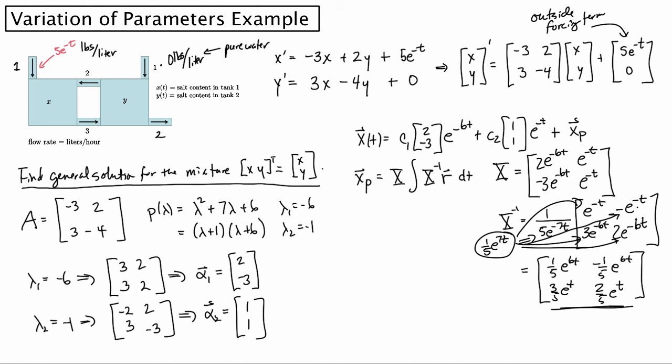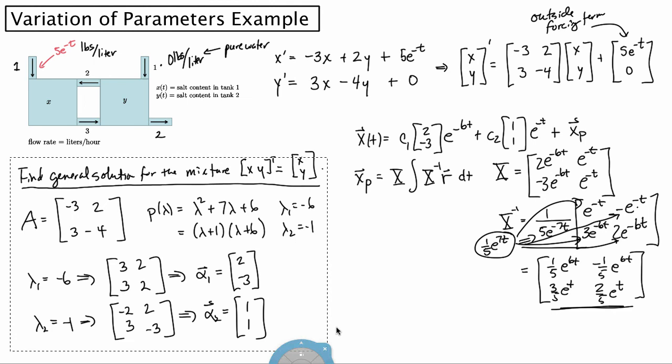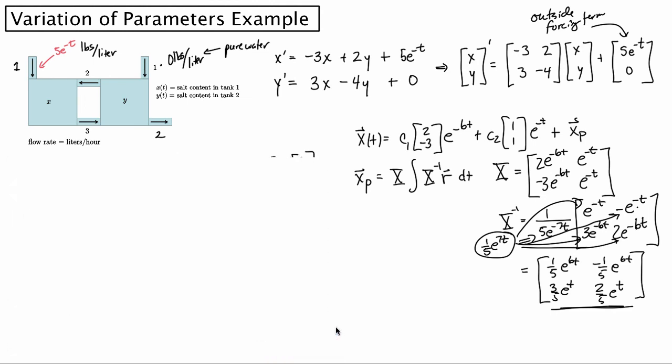Okay, if I keep going with this, I need to create a little bit more room for myself here. Then I'll need to update the pieces of my formula to find xp.